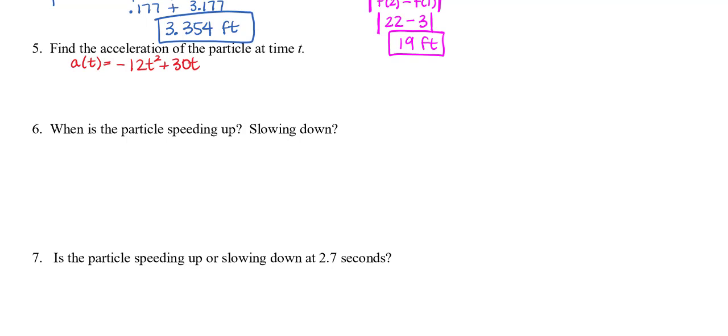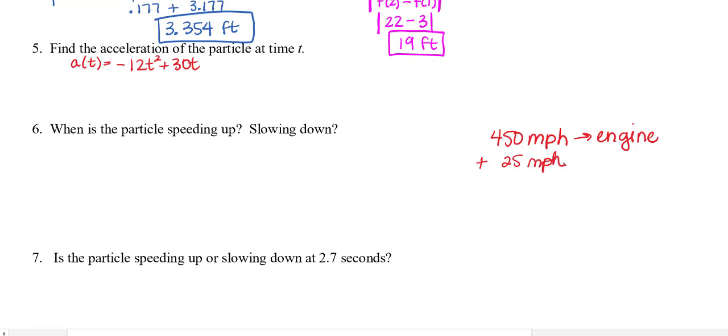is the acceleration causing you to go faster or slower? So I want you to think of an airplane for a second. If there's an airplane in the air and its speedometer says it's traveling 450 miles per hour, well, what if the wind is coming from behind? It's called the tailwind, and it's making you go faster by 25 miles per hour.